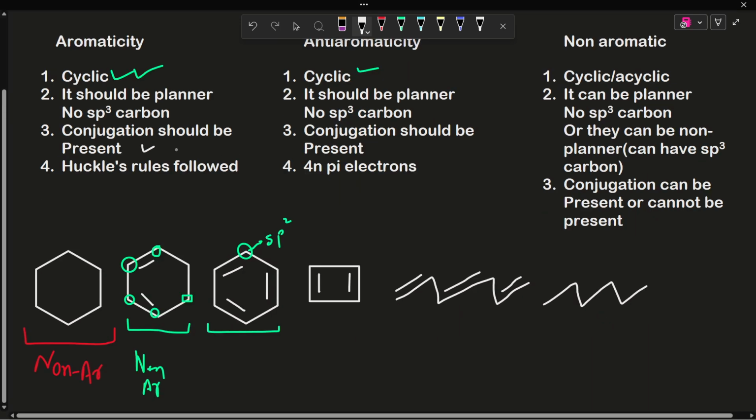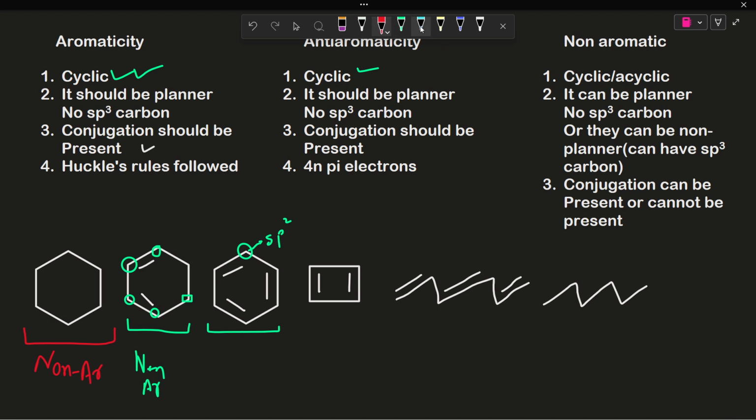This rule is followed. What about now Huckel's rules? Let me say you Huckel's rules. What do they say? They say that a compound must follow these three rules, which are mandatory for a molecule to follow Huckel's rules. It should first follow these three rules. Then if it has 4n plus 2 pi electrons, then it is aromatic.